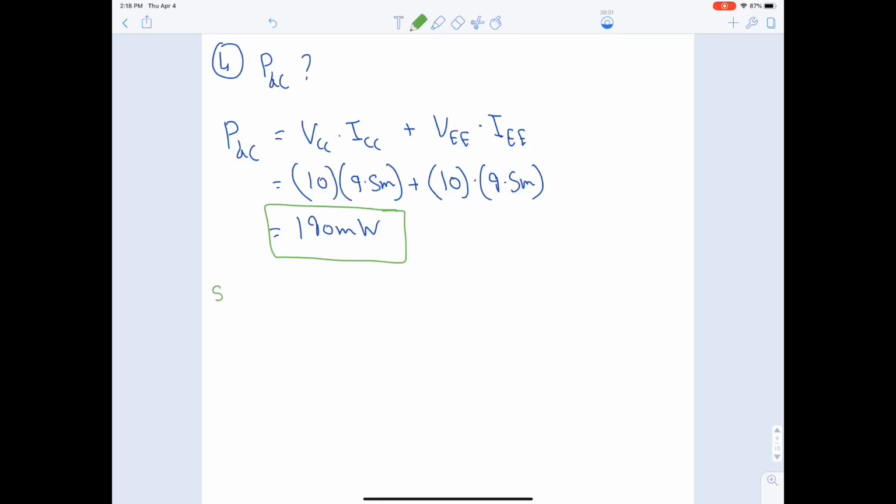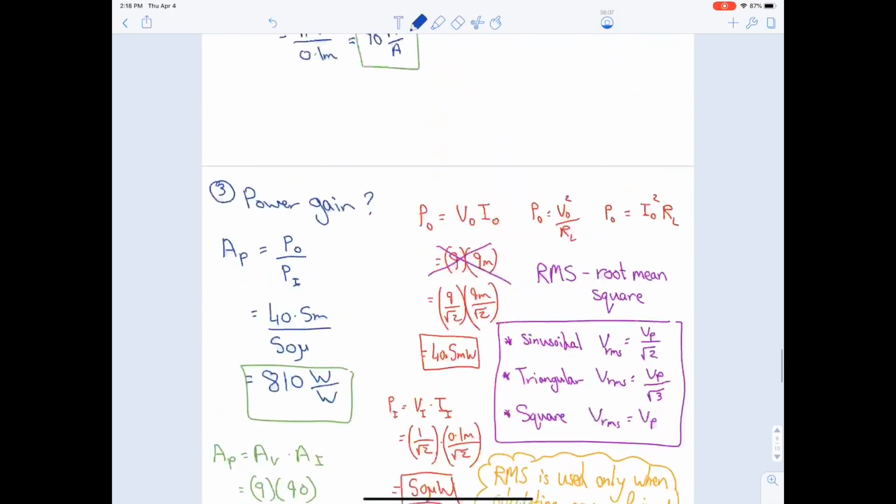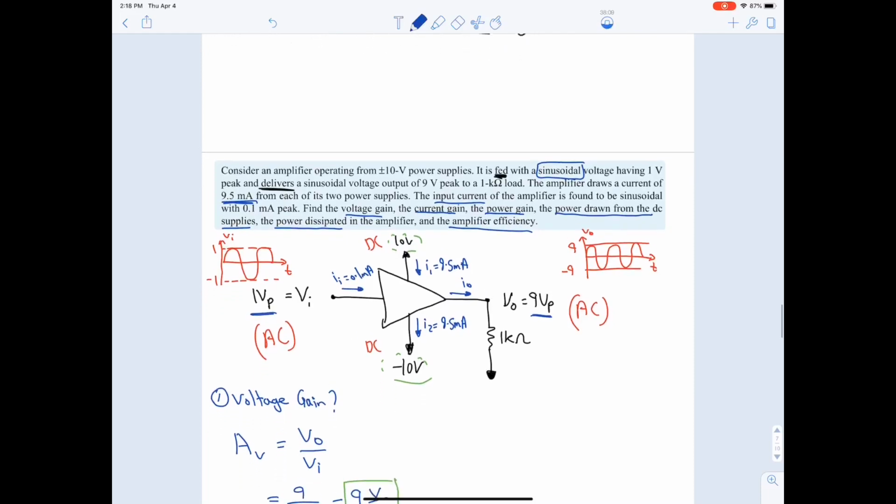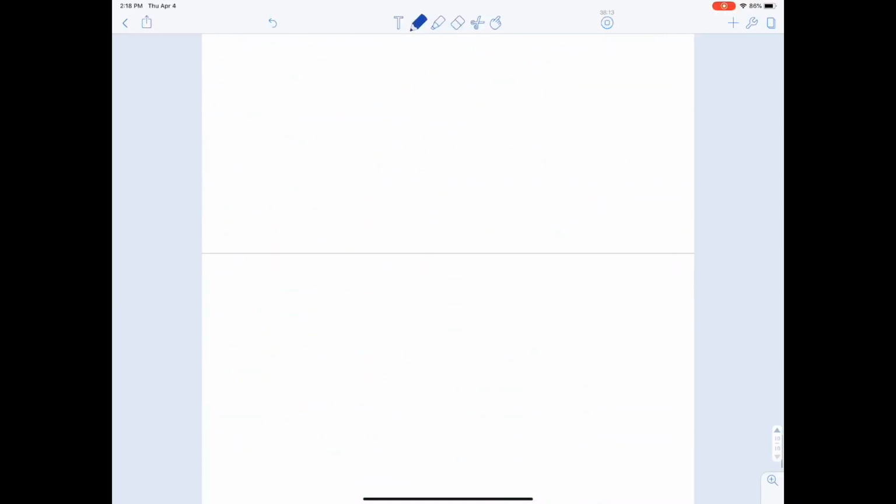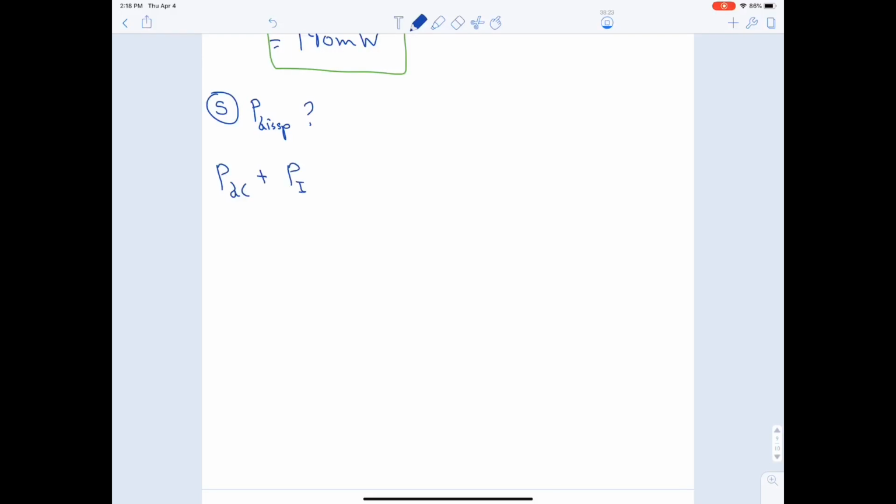Now the next requirement is the efficiency. No, sorry, it's the power dissipated, and the last thing is the efficiency. So how do we calculate the power dissipated? We said the equation is PDC plus P input, which is equal to P load plus P dissipated.